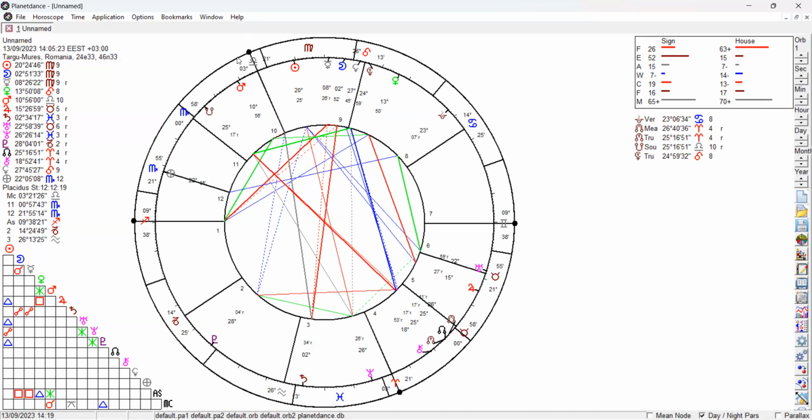So the sign of Virgo, in this particular example, would fall in the 9th house. So you look for the 8 degrees of Virgo in that 9th house, and that's where that stationary Mercury would influence you.